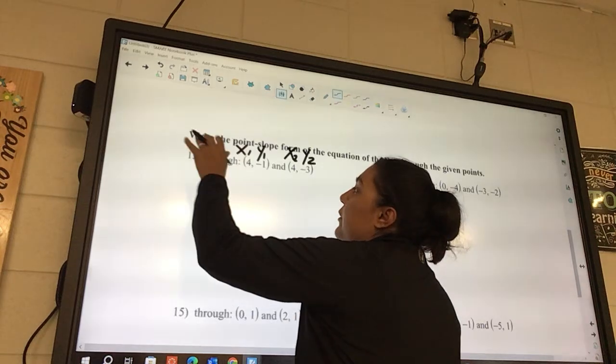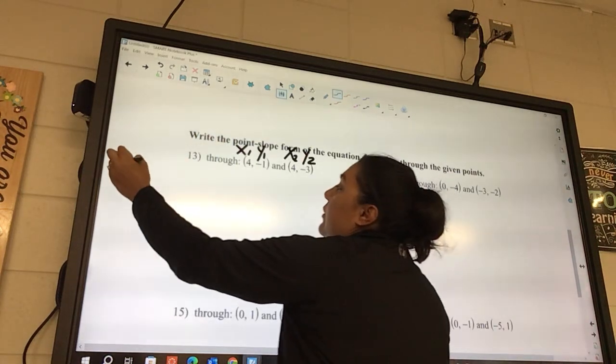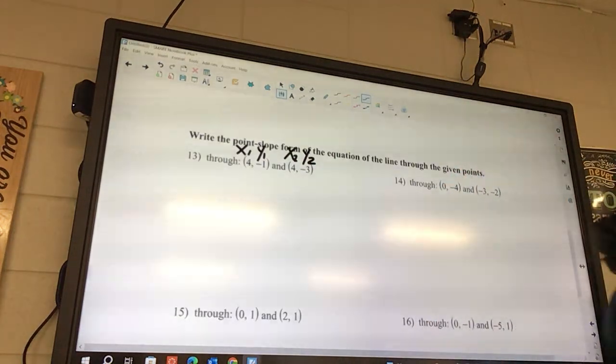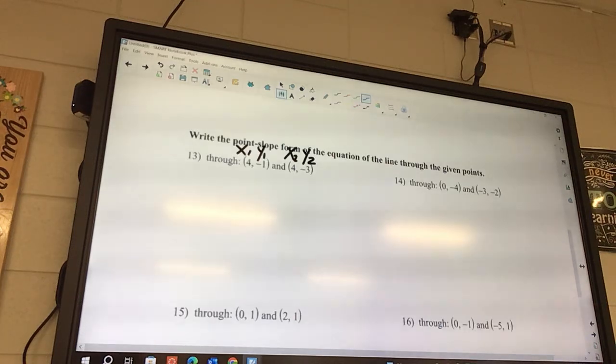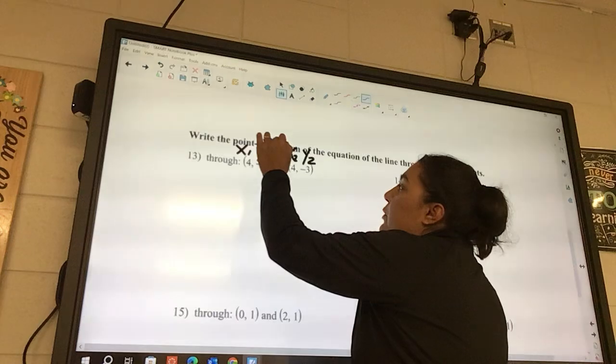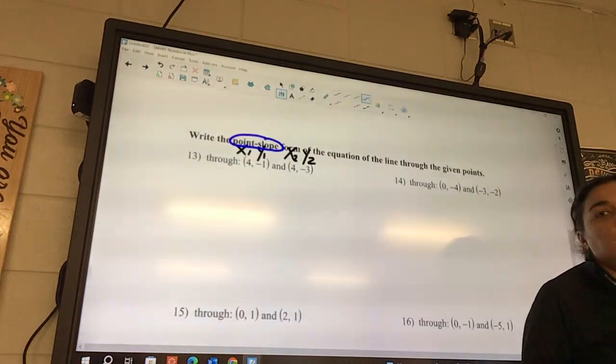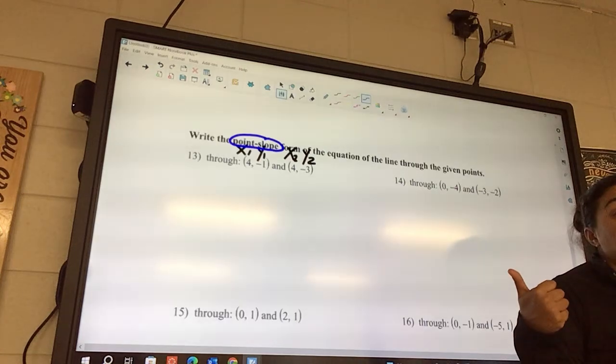So for our very first part, people get lost on these types of problems because there's slope, intercept, point, slope, slope. Okay, they get lost because they don't understand when to stop, what to use. So this says write the point slope form, which we have not covered. What 2 words are in point slope form? A point and what? Slope. A slope.